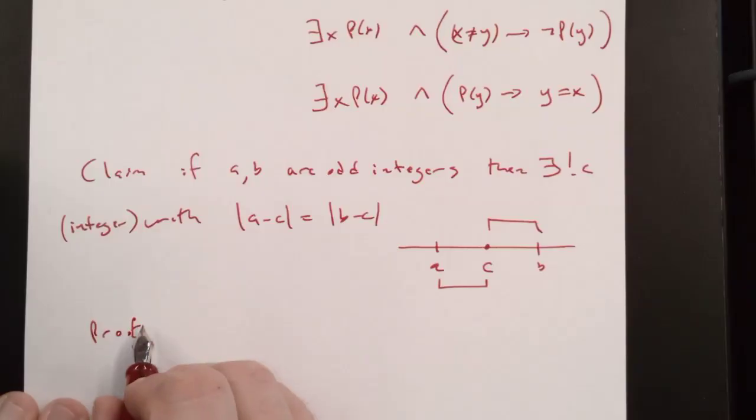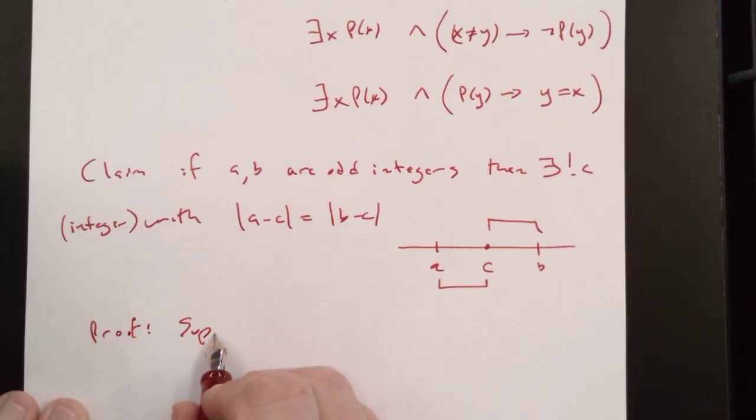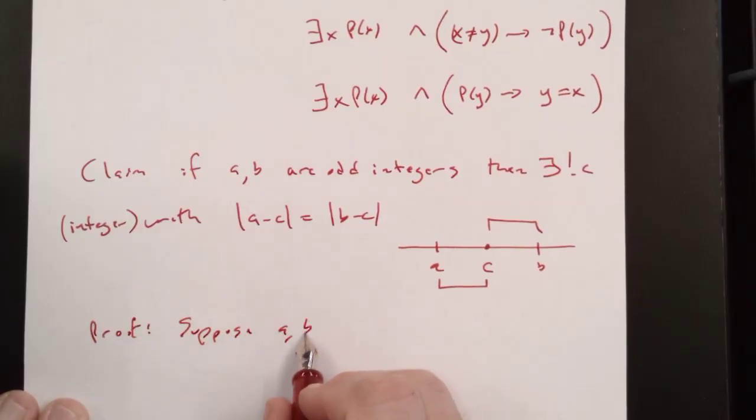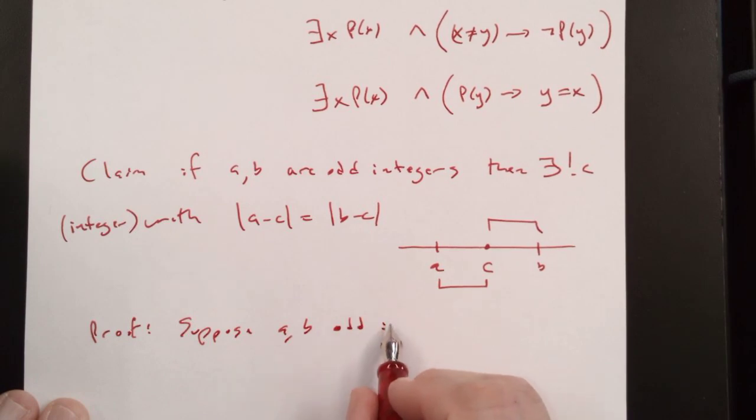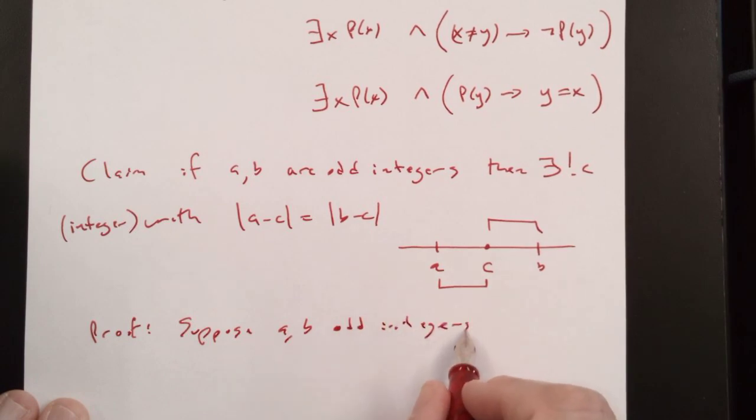Proof. Suppose a and b are odd integers. Then, wait a minute, what's it mean to be odd? Okay, but I got two different integers, so they might be two times different things, right?